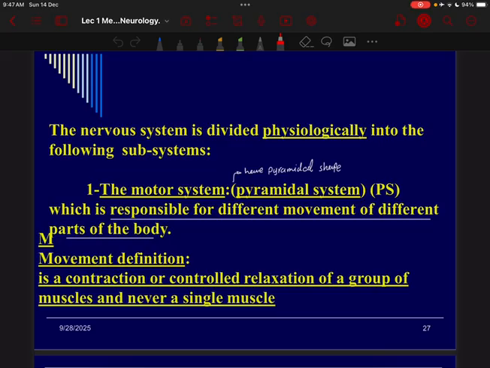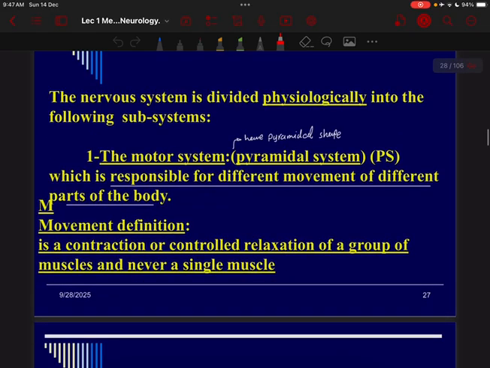And by the way, physiologically, any movement is the result of contractions or controlled relaxation of a group of muscles and never a single muscle. Each movement needs many muscles, not a single muscle.